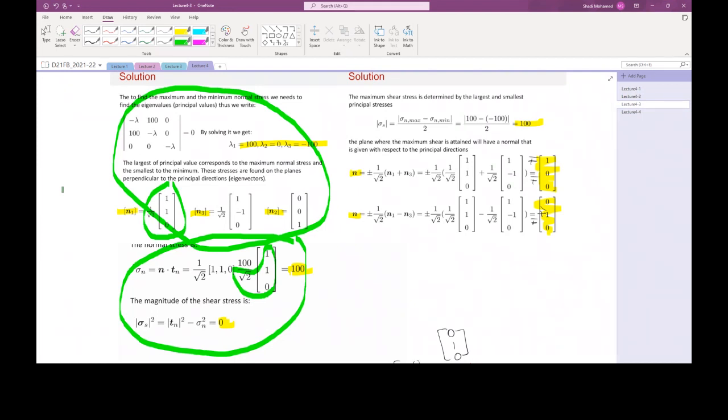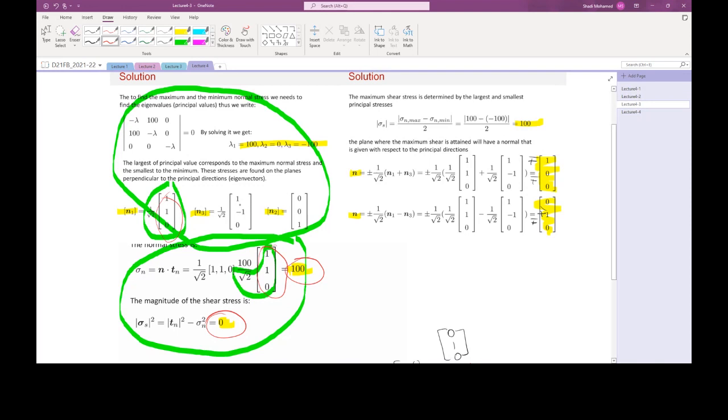You have the plane for the eigendirections, you have the plane for the principal direction, and you try to find the value of the normal stress on this plane. The normal stress is going to be 100. And it's going to be purely normal. There is no shear component to that, because you are just using the same direction. You are identifying the principal direction, and you are using that to find the normal stress. So it's going to be purely normal.